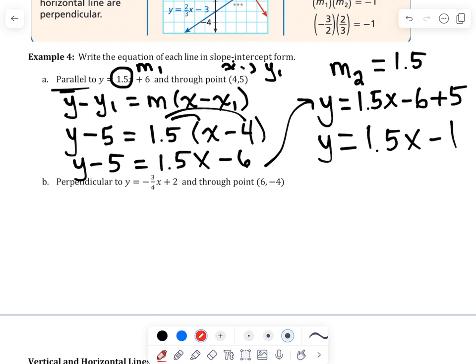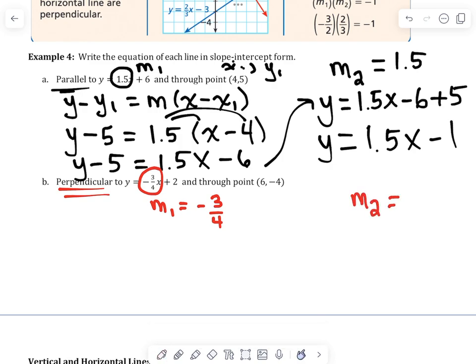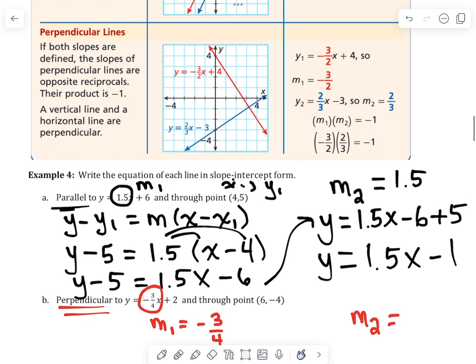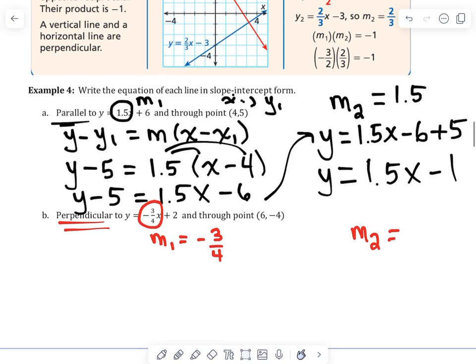The next example, we want perpendicular. So here's our slope. Our M1 is negative 3/4. So for M2, the second equation, if we look at our list, its product is going to be negative 1. So what I tell my students is it's going to be the negative reciprocal.